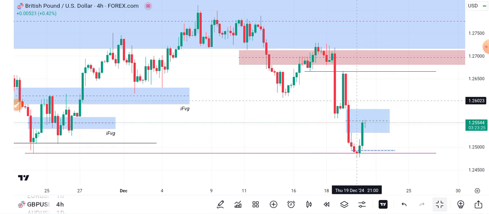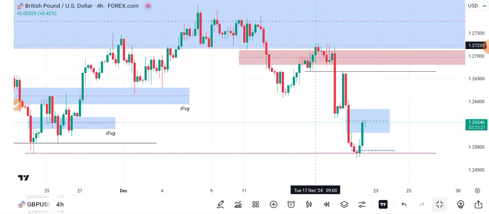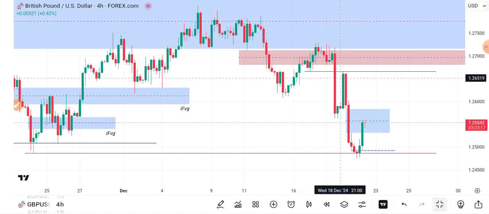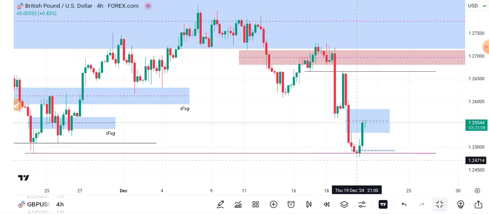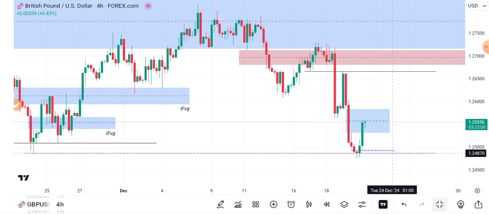Then in this kind of scenario, you can actually see that there's formation of lower high, lower low, lower high, lower low. So in the context of this formation of lower high and lower low here, there must be a retracement. Do we understand? So it is at this point you want to be looking for opportunity to trade it.